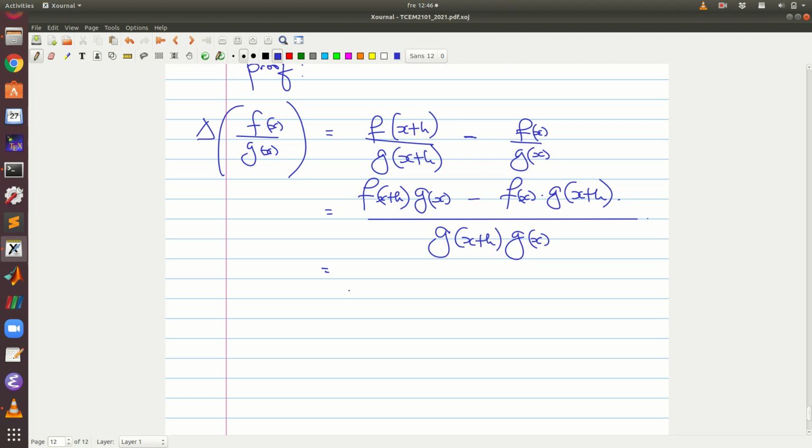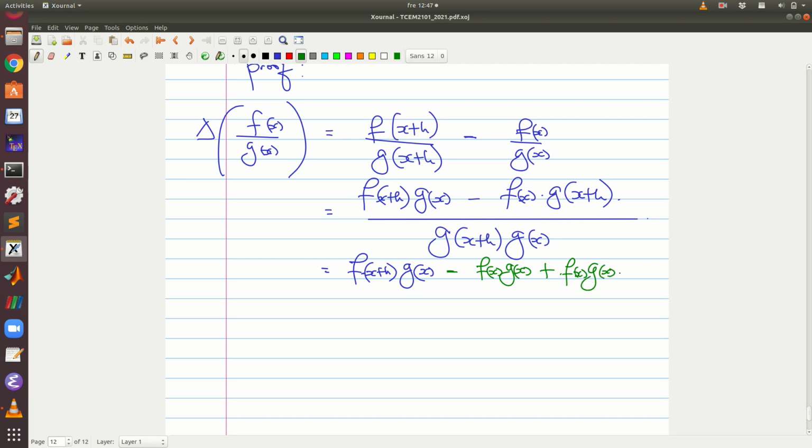Then in the next step we shall just introduce the simple trick. Okay, we write that, and then we subtract f of x, g of x, and add it. Okay, we subtract and add. In other words, we haven't done anything here.